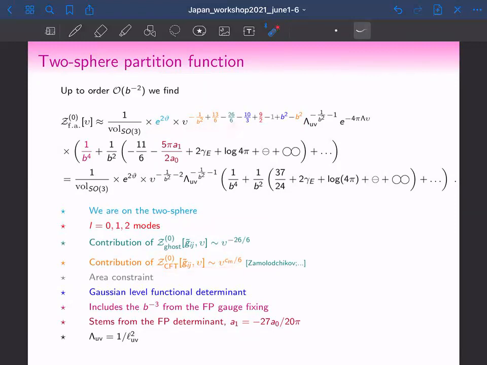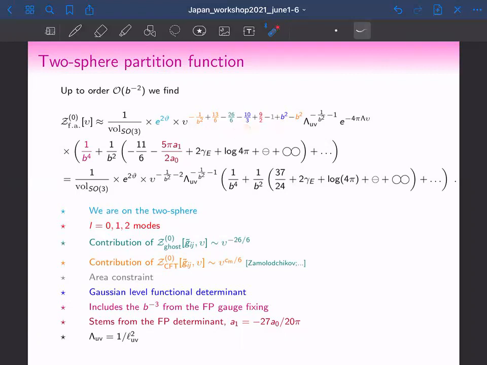Equivalently, this minus 26/6 was again the contribution from the ghosts. Then we have this minus 10/3 plus b squared, which comes because, at the Gaussian level, we have to calculate the functional determinant, because otherwise we have an infinite product. We have all the L modes. And so doing a heat kernel analysis, we find this additional upsilon dependency.